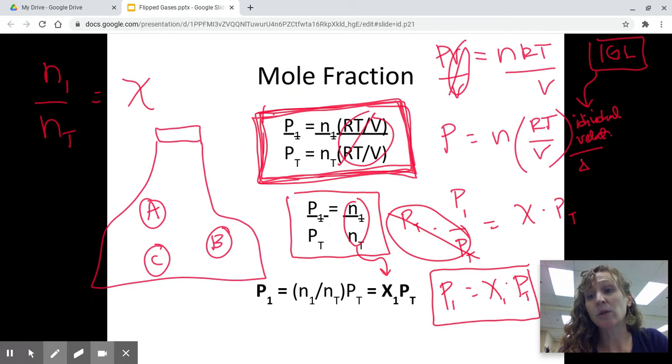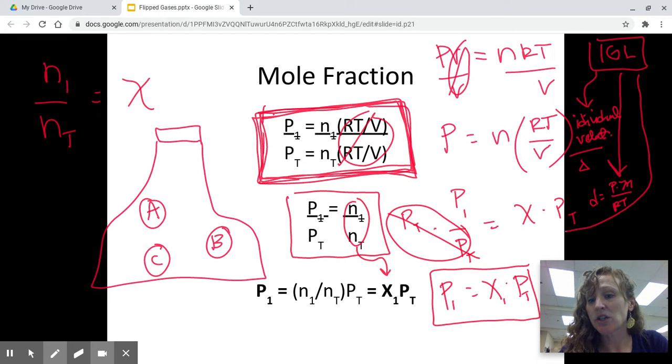Okay, the second thing we derived out of the ideal gas law is the ideal gas law as it relates to density. So what was that? Pressure times molar mass over RT. Something like that. I hope that's right. And then this is the third relationship that we have derived out of the ideal gas law.